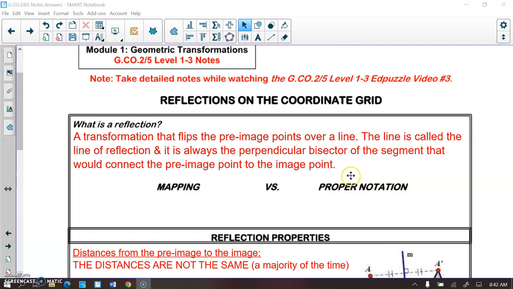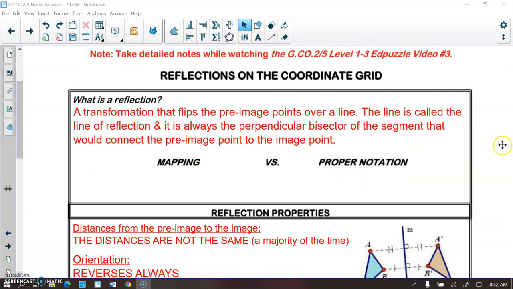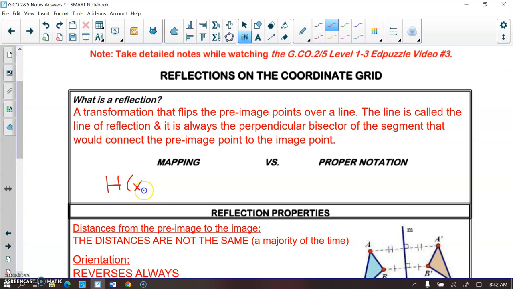Now, with reflections, we also have mapping versus proper notation. With mapping notation, we are going to learn 3 different sets of rules for reflections. We're only going to learn 3, but I'm going to give you a quick example right now. Remember, this capital letter just means that it's the name of the transformation.